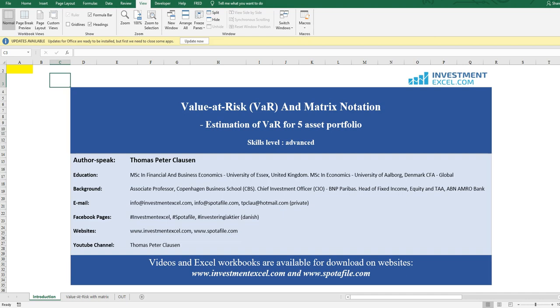This topic is slightly advanced, and if you are not familiar with matrix notation or standard deviation, I would suggest that you look at some other sessions we have on investmentexcel.com that are more in the standard area, more basic.